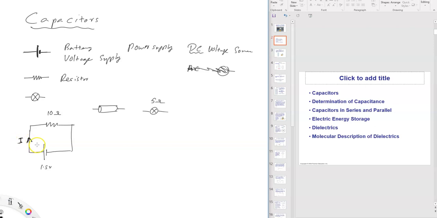But in reality, what happens is there is nothing coming out from the positive side. This is the battery, the positive side and the negative side. There is no real current coming out from the positive end. That's like a conventional representation.